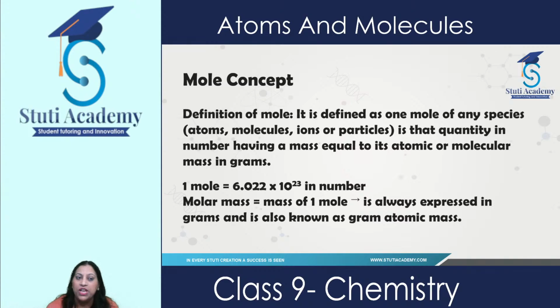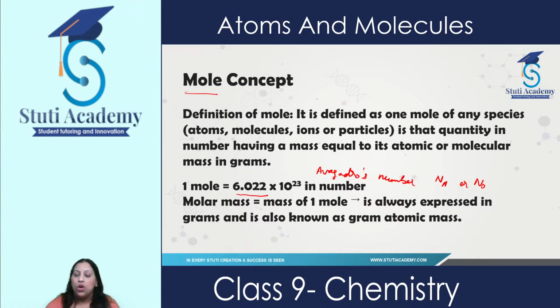The usage of this mole is that it helps us measure the number of atoms, molecules, or charged particles, whether they are cations or anions, present in that particular element. And 1 mole is equal to 6.022 into 10 raised to power 23, Avogadro's number, which is represented by Na or N0.